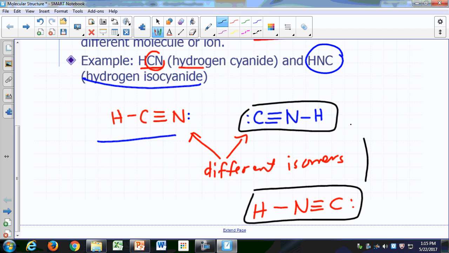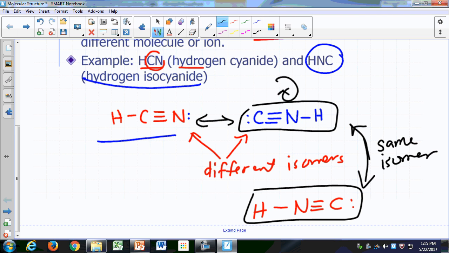So these two, it's just like I flipped this thing around. These two are really just the same, so they're not isomers of each other. You can say they're the same isomer. But these two over here would be different isomers.